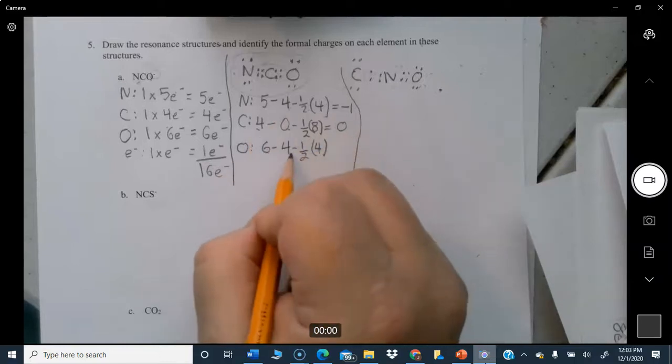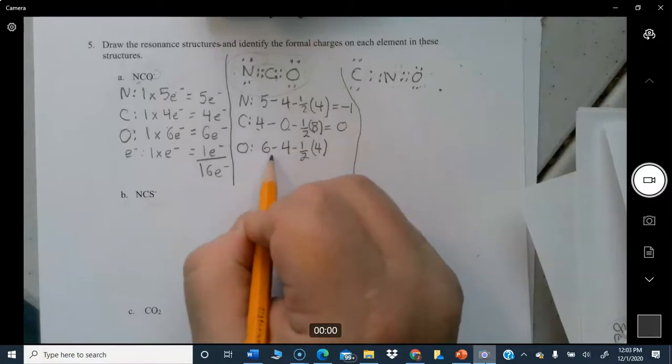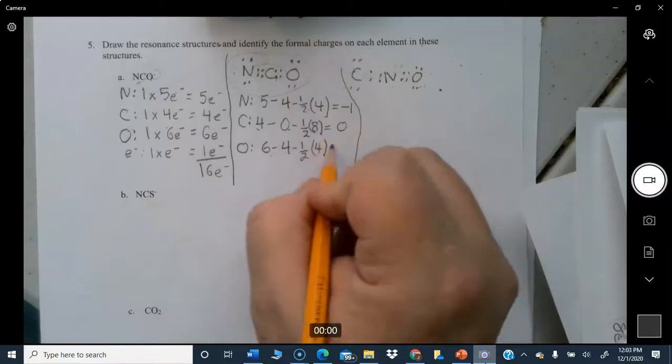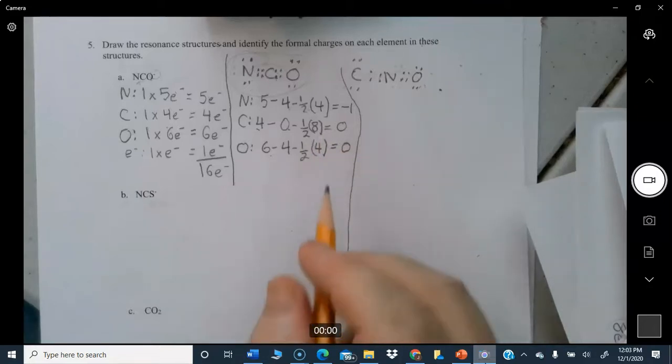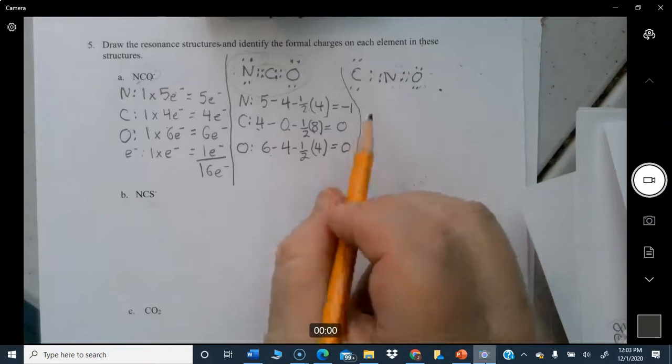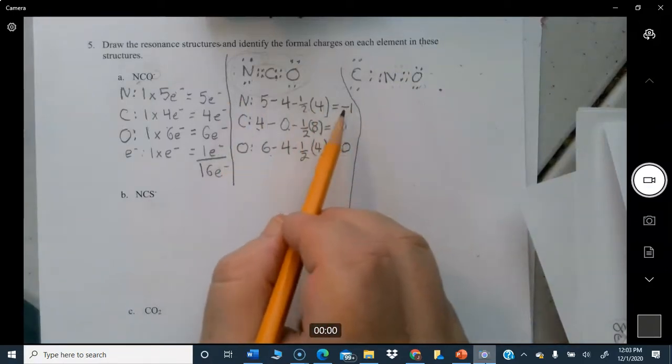So 6 minus 4 is 2. And half of 4 is 2. So 6 minus 4 minus 2 is 0. Okay? So there's the formal charges. So these two are stable. This one is not quite stable. It has some number other than 0.